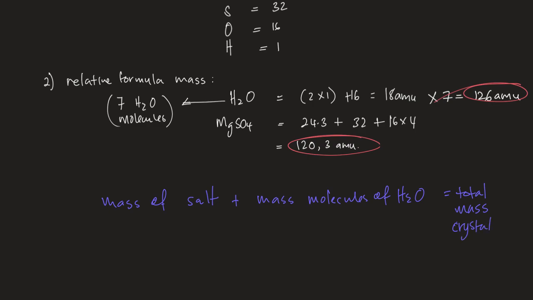Okay, you don't have to memorize this formula or anything, just know that it's an addition sum. Alright, so all you're going to do is say 120.3 plus 126, and you're going to get 246.3 AMU. So this is the total mass of your crystal.